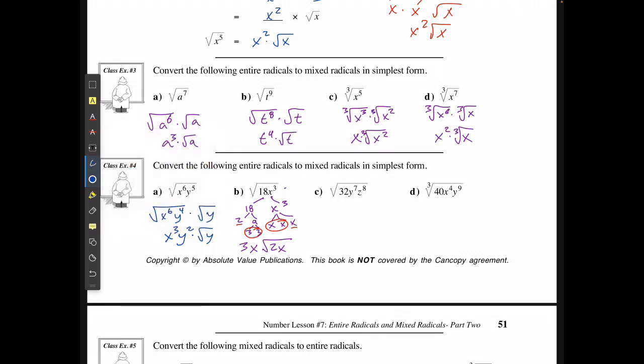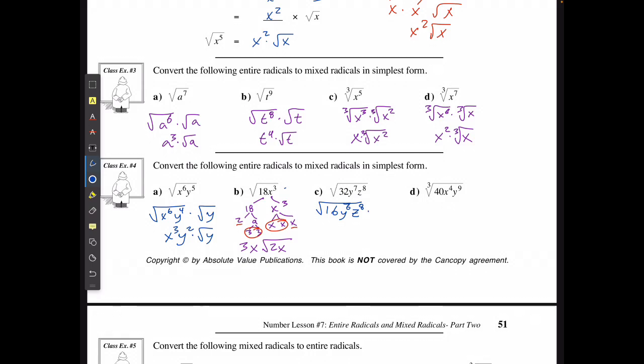For example C, I can say that for 32, the biggest perfect square there is 16 that I can divide out. Y to the 6, because I need an even number, and Z to the 8. And what am I left with?